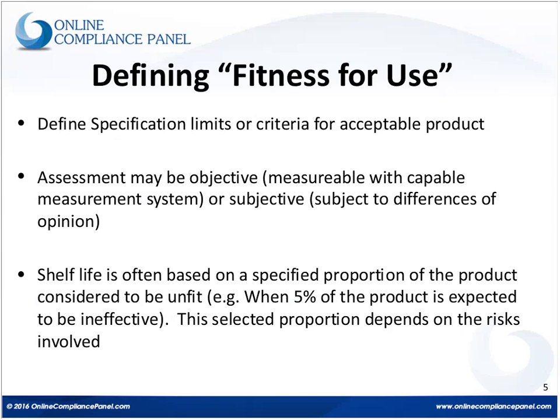All right, so our focus is going to be on more quantitative studies. So that implies that we have some kind of objective specification limit or criteria for determining whether a product is acceptable or not. So if that is objective and we can measure it, then of course we need to make sure that we have an adequate measurement system.